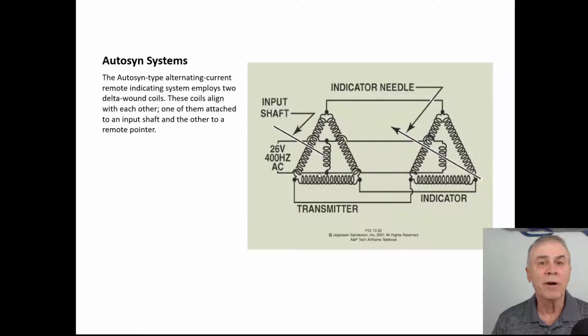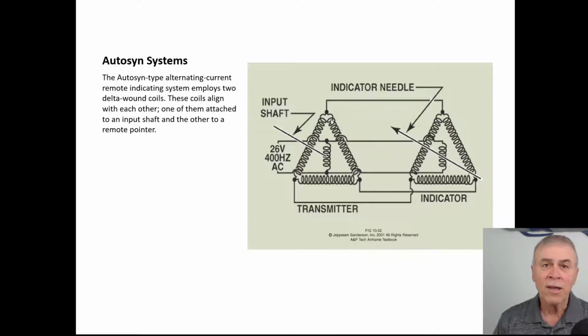That's why it's thrown me off a little bit, because with the magnesin, the rotor is a magnet, so it's got no wires attached to it, and it's actually the stator that has the wires. In this system, it's just the opposite.